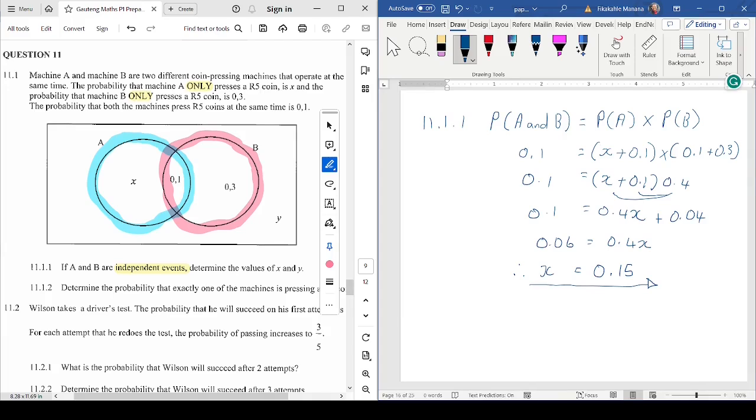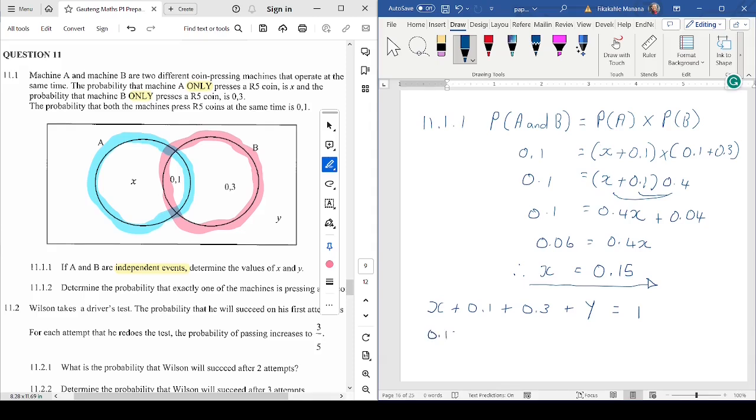Okay, let's go for it. We're going to say x plus this 0.1, the intersection, plus this 0.3 there, plus this y outside. And all of that is supposed to give us 1. All right, we can substitute now. We know what x is.